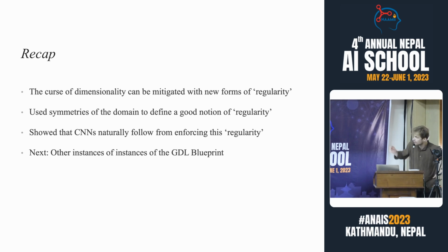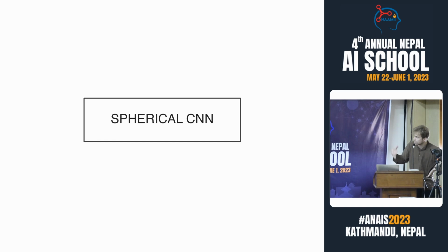Then we showed that the convolutional part of CNNs follows naturally from enforcing this kind of regularity. It's very simple seeing it like this. And next we're going to see other instances of the geometric deep learning blueprint and how people have generalized these to other geometric domains.